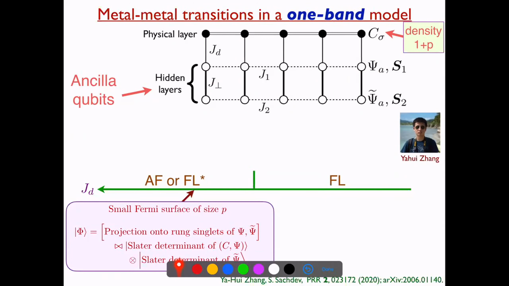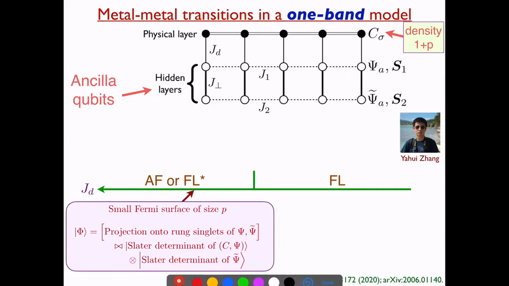So you form a Slater determinant of them. And then you also form a Slater determinant of the psi tildes, which are the lower layer, the second layer that's hidden. And then finally, this is now a wave function. These two terms are a wave function of some more complicated state that I'm not really interested in.